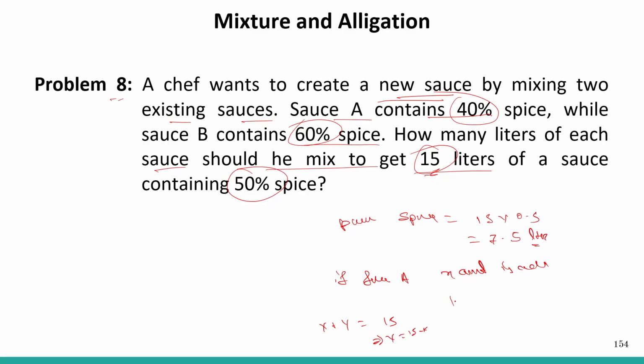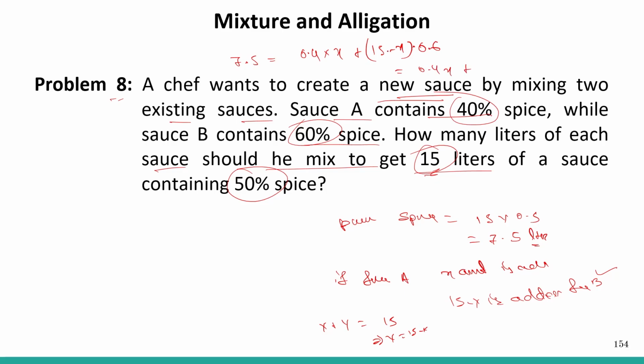So 15 minus x is added from B, right? So what kind of algebraic equation do we need to solve? So it will be 7.5 is equal to 0.4 into x plus 15 minus x into 0.6.